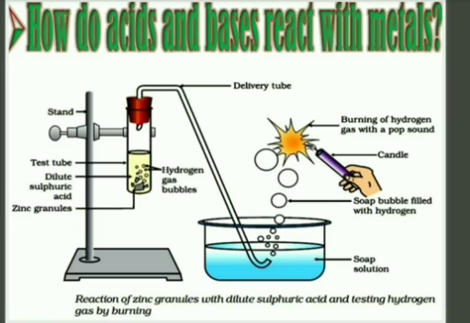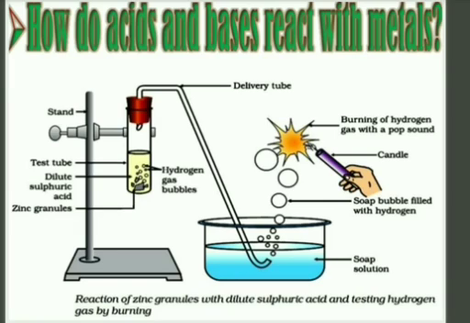Next question: why do we insert the cork on this test tube? To stop the flow of gas outside into the atmosphere.